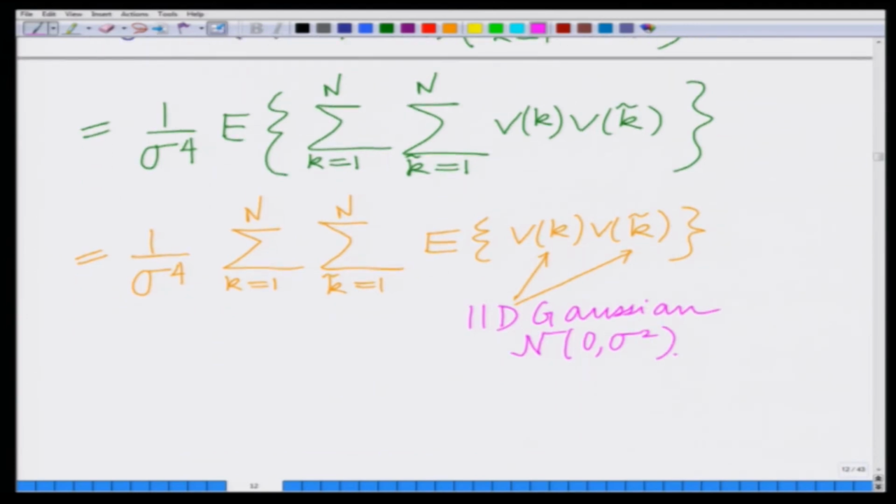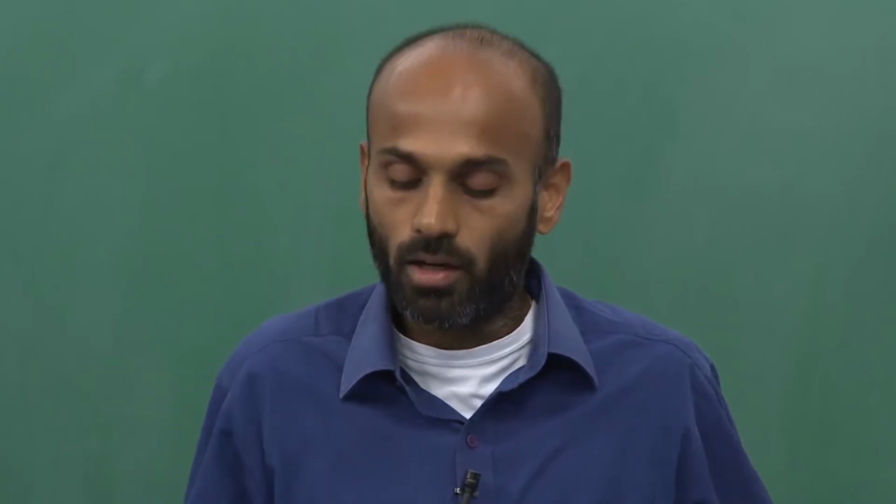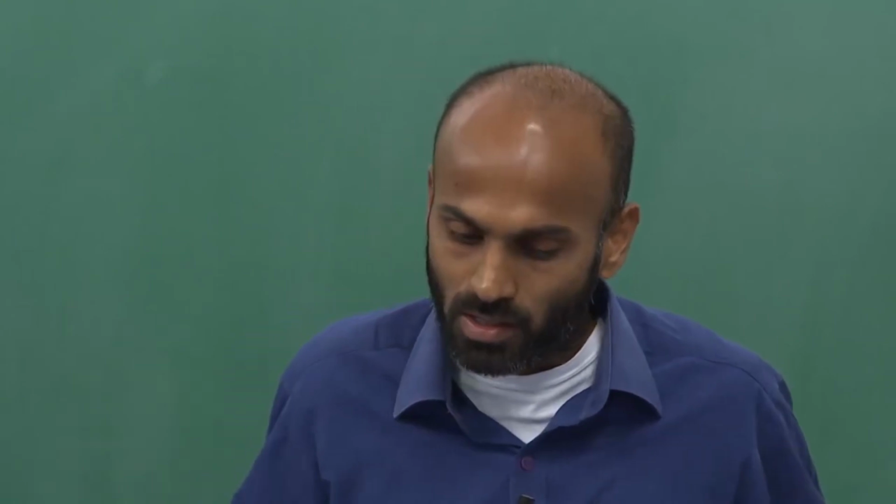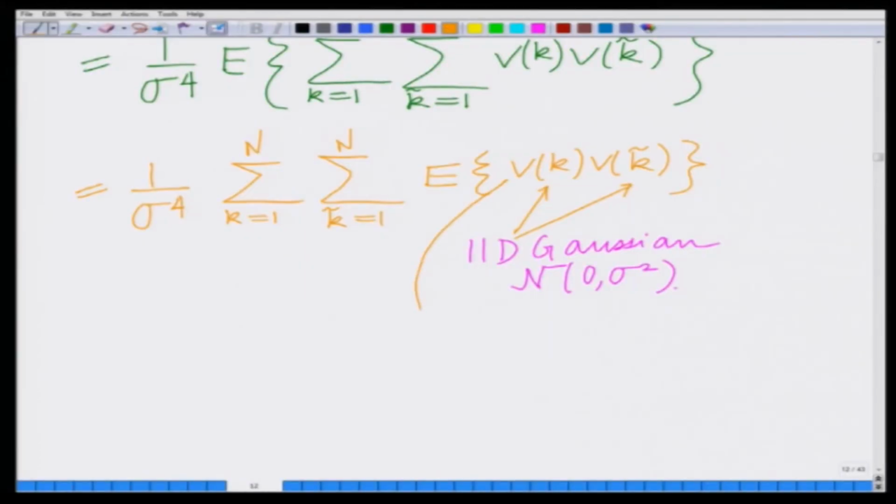and they are independent, which means the expected value of Vk times Vk tilde is equal to 0 if k is not equal to k tilde, and is equal to sigma square if k equals k tilde. Let me summarize that once again, so that you can quickly recollect this property.